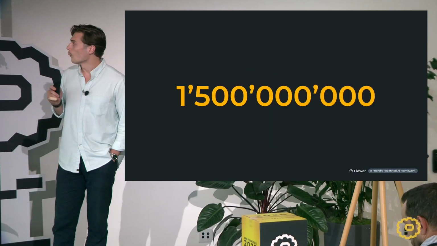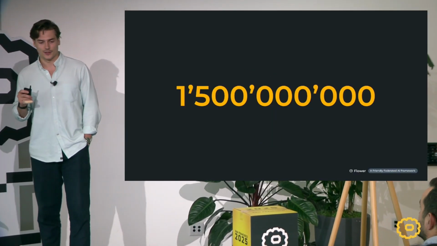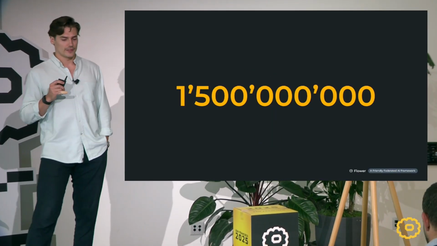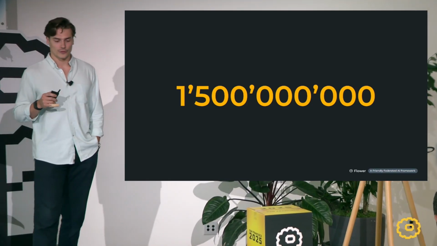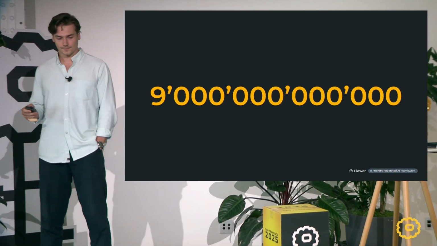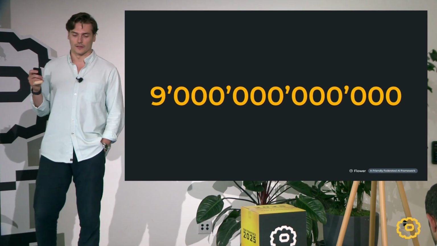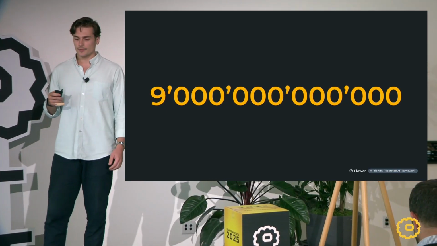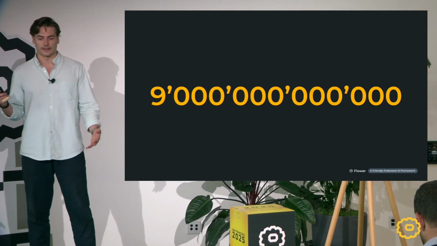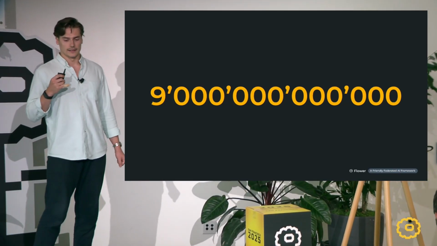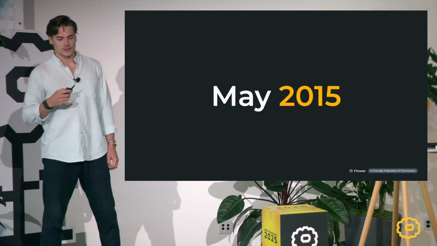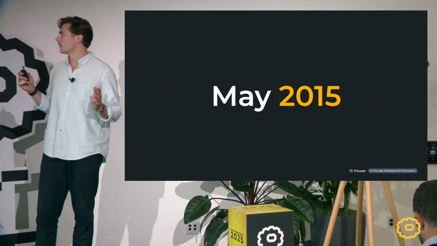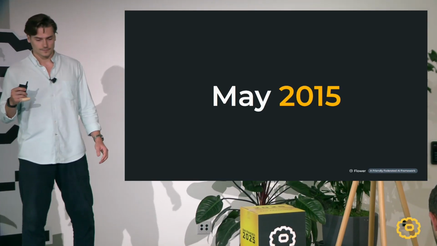Google Photos. This app from Google has more than 1.5 billion active users and more than 9 trillion photos hosted on it. So I think we can all agree that it's a pretty successful app. And I strongly believe that this success is in part tied to the fact that back in 2015, when it launched, they introduced a lot of pioneering AI features.